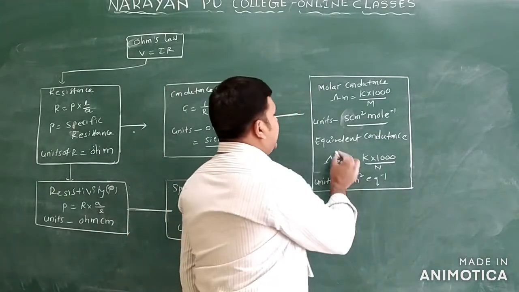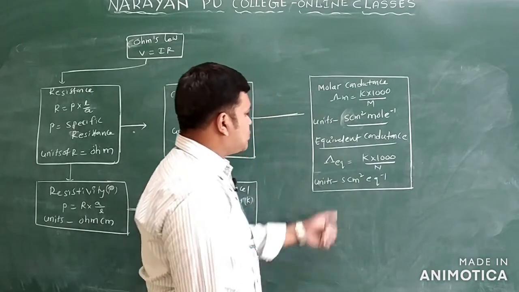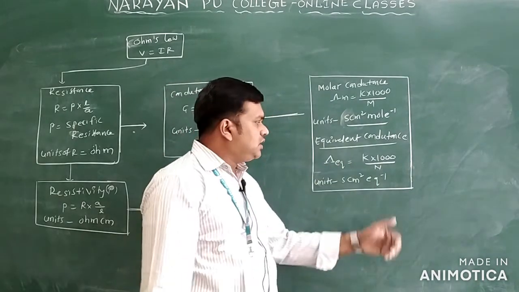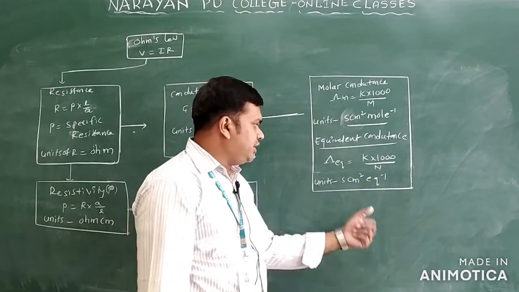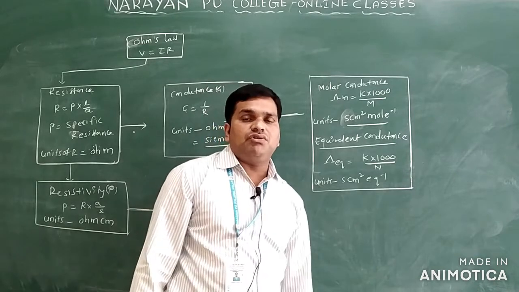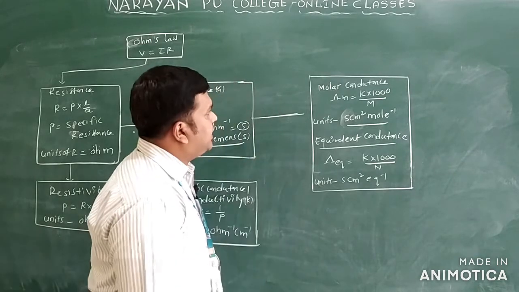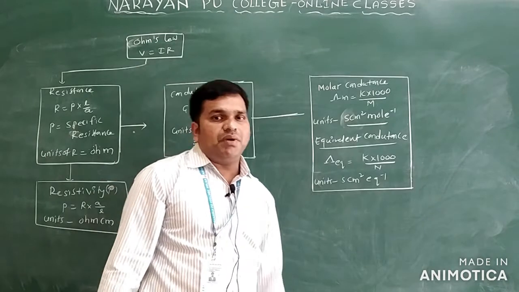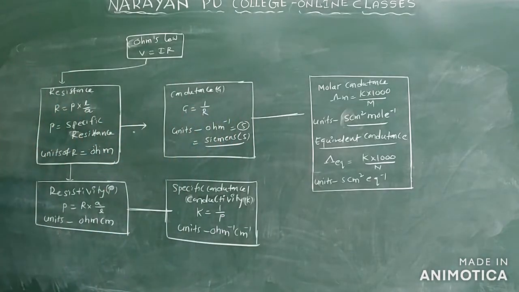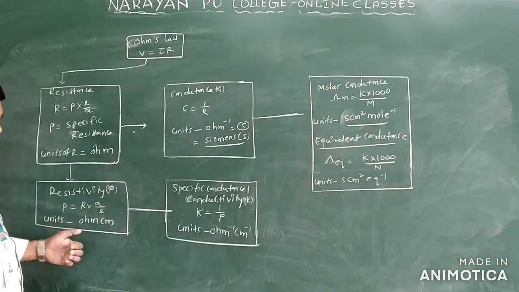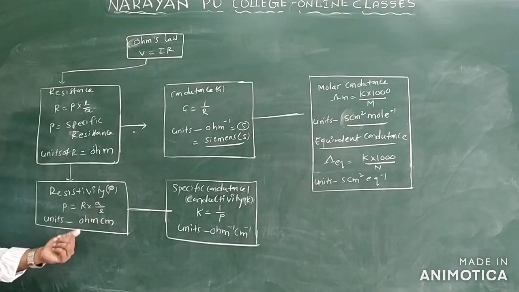And one more we have, equivalent conductance. What is the formula? K into 1000 by N. What are the units here? Siemens centimeter square equivalent inverse. So this is regarding molar conductance and equivalent conductance. Now, after resistivity, rho is equal to R into A by L, we get Ohm centimeter.